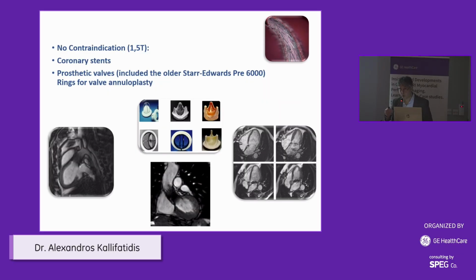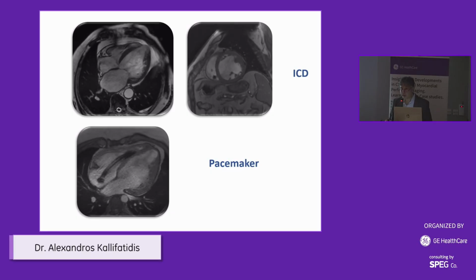Of course, more and more we are scanning patients with stents or prosthetic valves or devices, and nowadays most of the devices are MR compatible, but of course they can produce artifacts. There are techniques in order to avoid these artifacts.